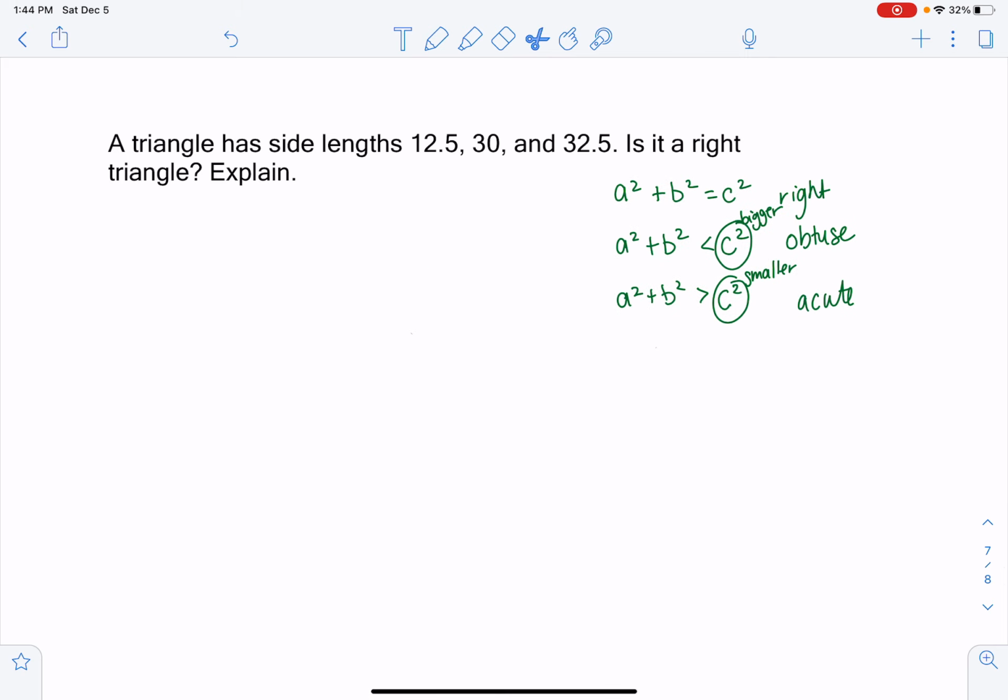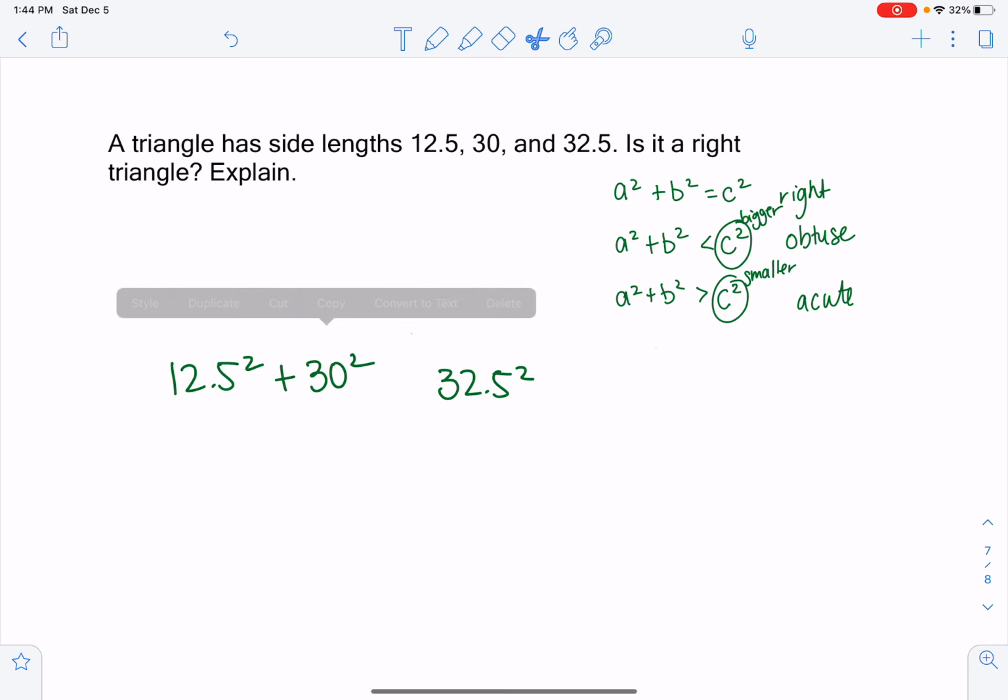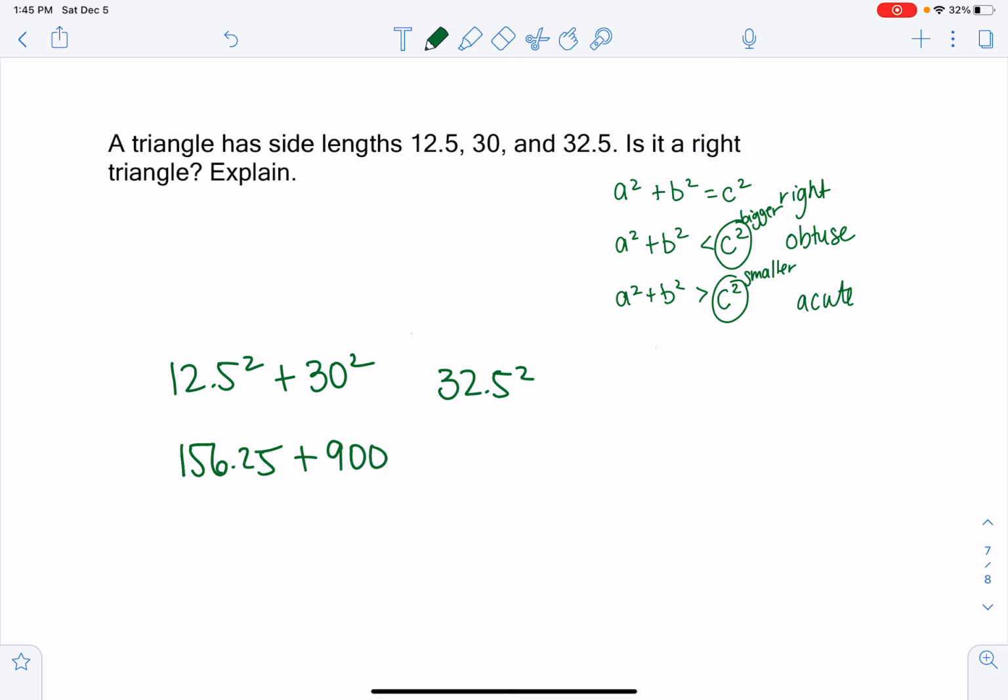The longest side is going to be your c, so that's the 32.5. So 12.5 squared plus 30 squared, and then comparing that to 32.5 squared. We already know it's not a Pythagorean triple because of the decimal points, but let's see what kind of triangle it is. So 12.5 squared is 156.25, 30 squared is 900, and 32.5 squared is 1056.25.